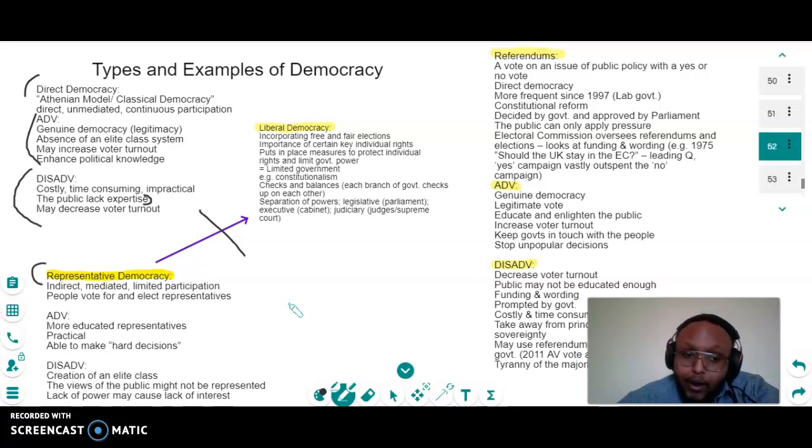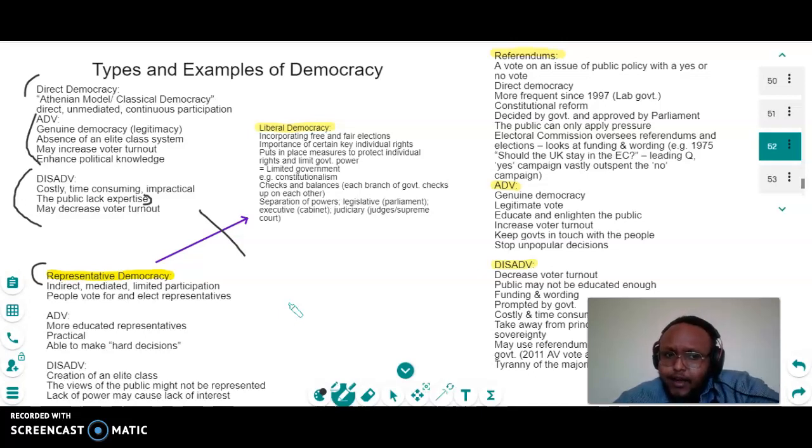Okay, so one advantage of this is that you gain a more educated representative. So usually very well educated individuals become members of parliament because they are seen to have a knowledge of the political system that will be able to represent the people of their constituency to a greater extent.